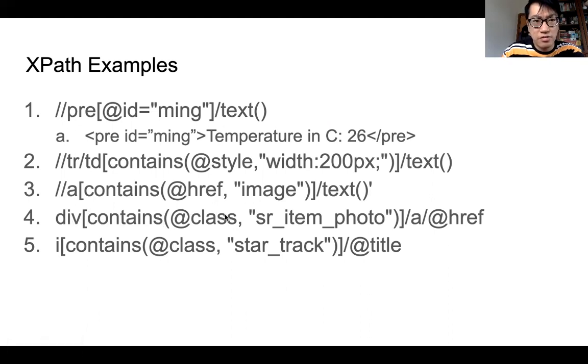We can locate any URL, the hyperlink, from the div tags containing a class including item photo, and then looking for any hyperlink inside. And the last example is a similar example, where we get the value of the title parameter from the img tag.